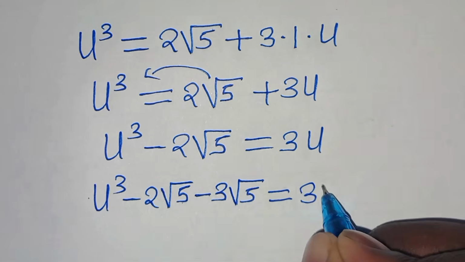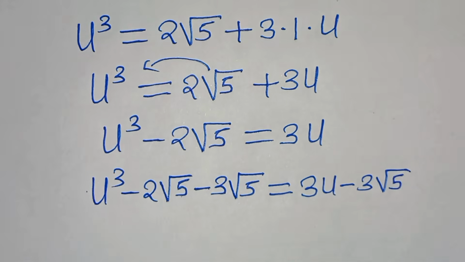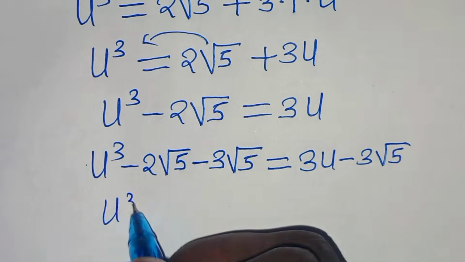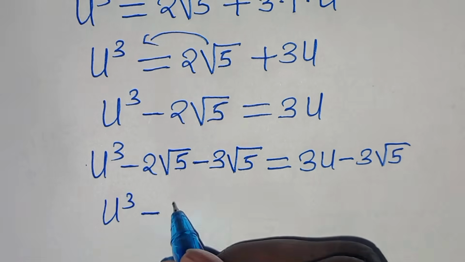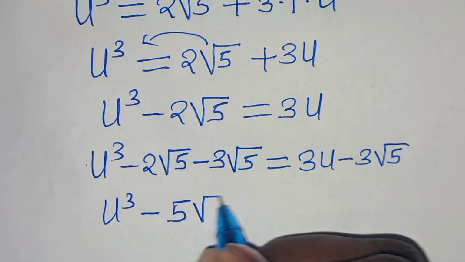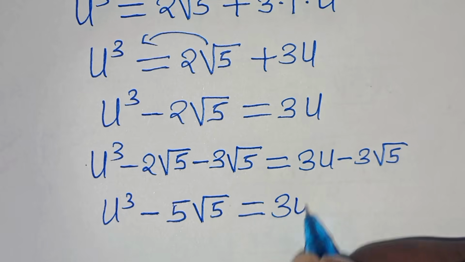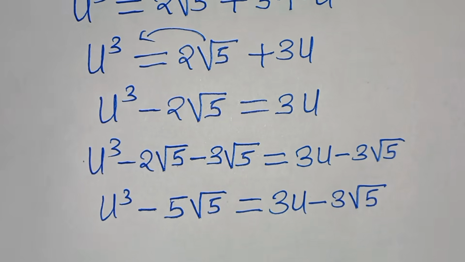So we have u to the power of 3 minus 2 square root of 5 minus 3 square root of 5, which is minus 5 square root of 5, equal to 3u minus 3 square root of 5.